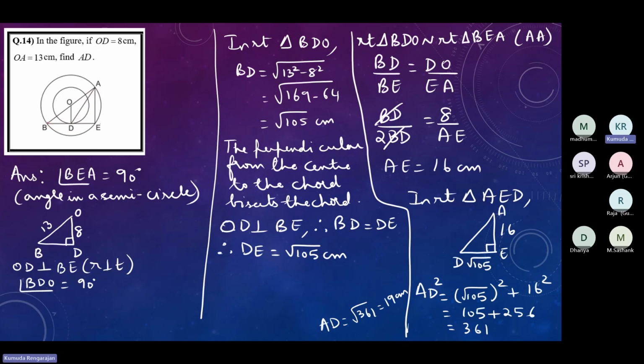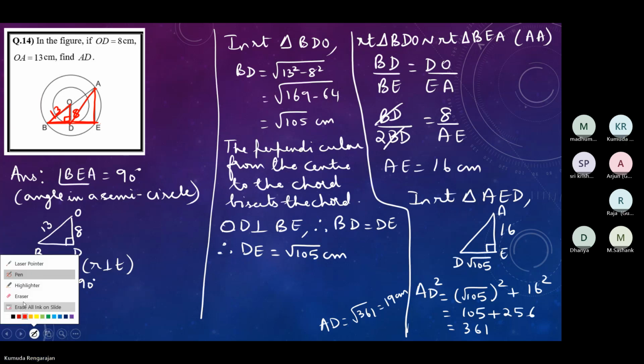In this right triangle, it's given that OA radius is 13, so OB is also 13. OD is 8. So you can find BD using Pythagoras theorem, and BD is equal to DE. So you found DE, and then you can find AE using similarity or midpoint theorem. And then find AD using Pythagoras theorem in right triangle AED.